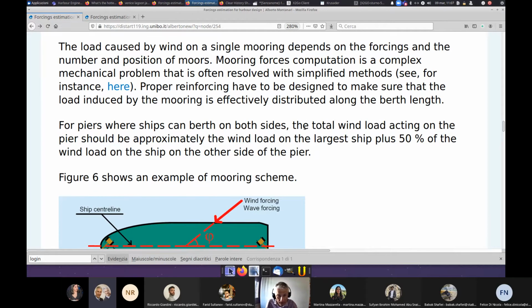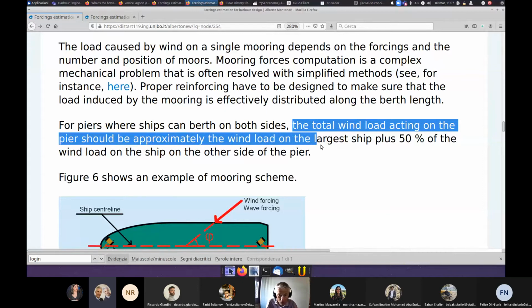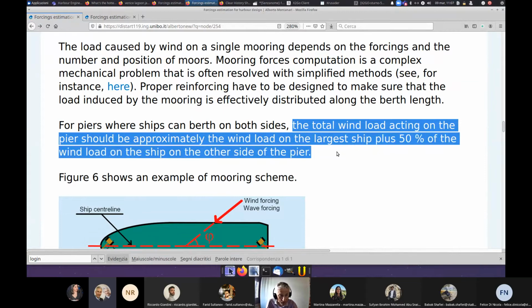The total wind load acting on the pier should be approximately the wind load on the largest ship plus 50% of the wind load on the ship on the other side. So you have a reduction coefficient which basically lowers the wind load on the other side of the pier, which is 50%.